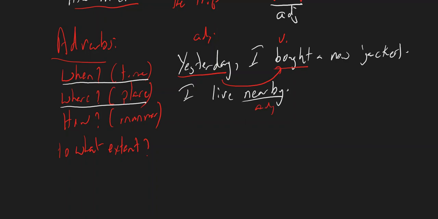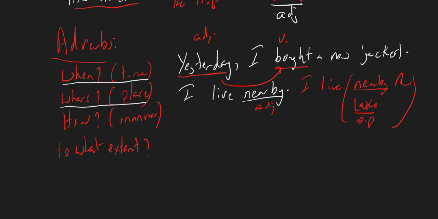Adverb. But take note that this word nearby is actually called an adverbial particle, because it's actually a preposition. So if I say, for example, I live nearby the lake, then nearby is no more an adverb because it follows an object position, and so the whole phrase nearby the lake is a prepositional phrase.